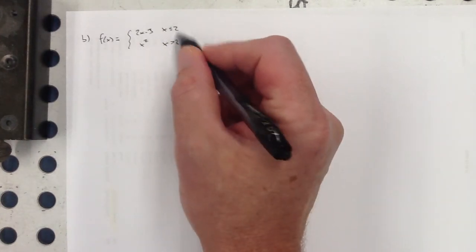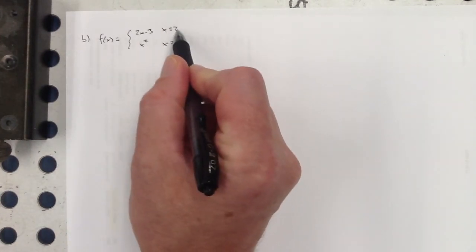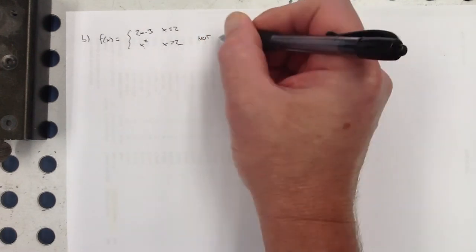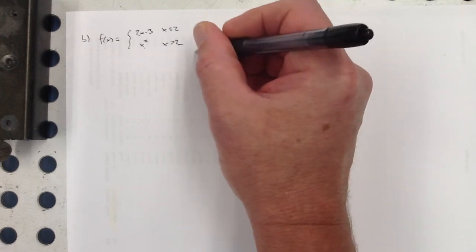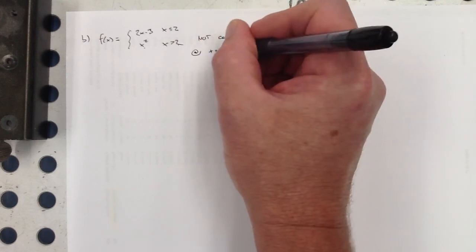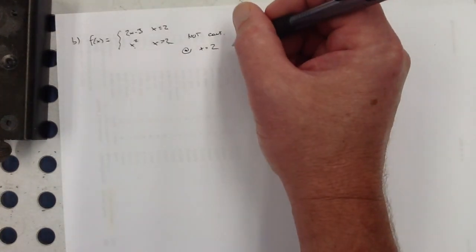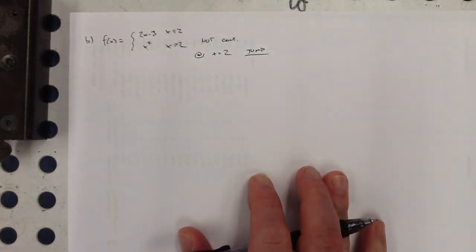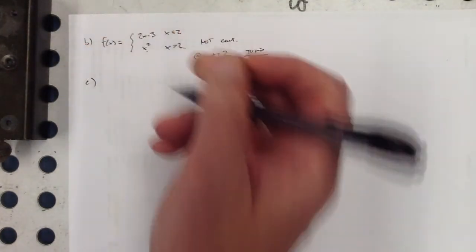I just have to check where it transitions here. So plug in the 2 in here, I get 1. Plug in the 2 in here, I get 4. So this is not continuous at x equals 2. And it can't be fixed. It's not a hole. It's a jump. So it can't be fixed. So we're done with that one.